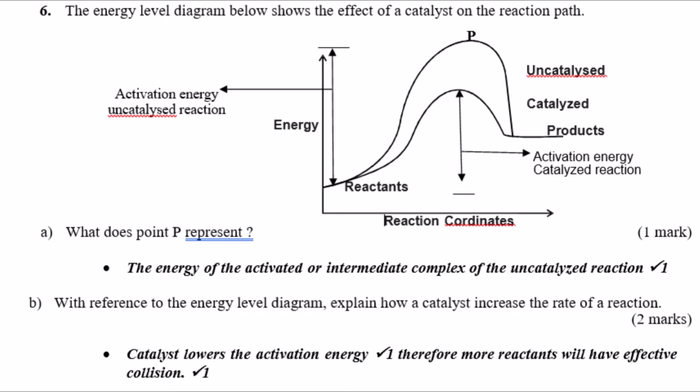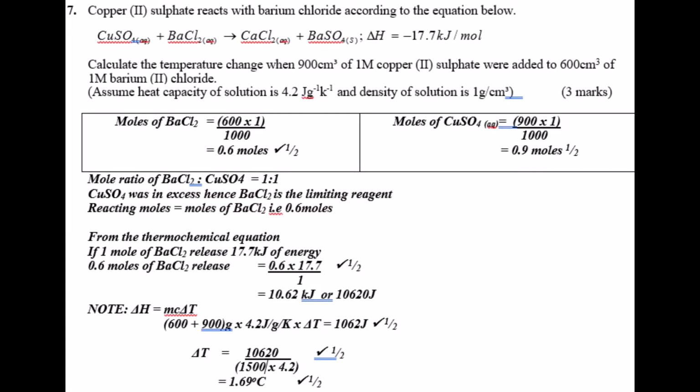If you look at the diagram, you'll notice that the uncatalyzed reaction has a larger activation energy. So the catalyst lowers the activation energy, and therefore the reactants can have more effective collisions because they need less energy.